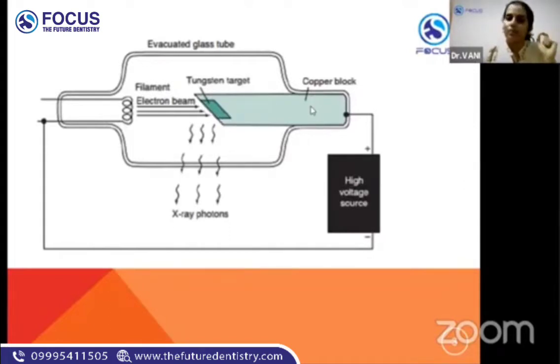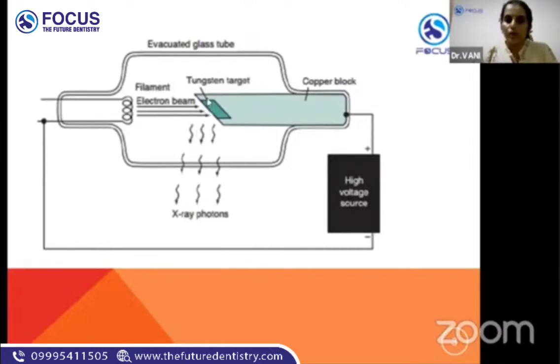So how are X-rays produced? When voltage is applied across the tungsten filament, it gets heated up, producing an electron beam towards the tungsten target. Then the electron beam strikes the tungsten target, and by interacting with it, produces X-ray photons.